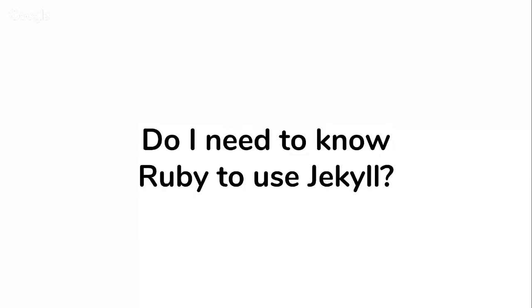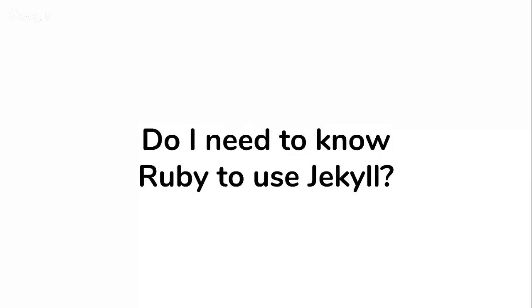So, for those who might come from a different background, maybe you're a Python developer, rest easy. Jekyll is a great option for static site generation, and you don't need to know how to program with Ruby to get started. All you really need to know to start building websites with Jekyll is HTML, CSS, and if you want, JavaScript.